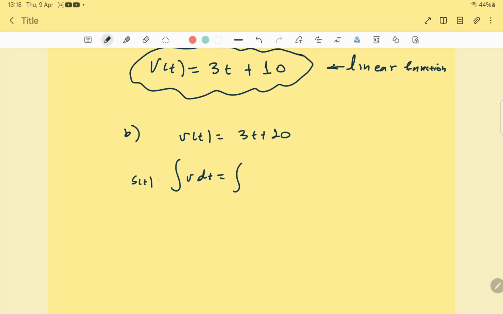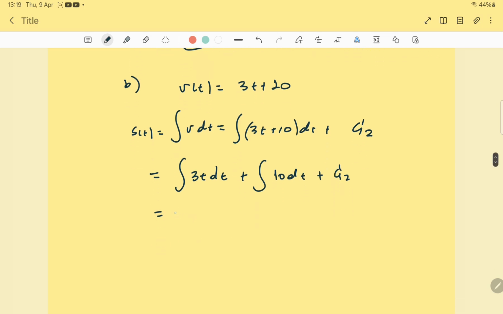So s of t is going to be the integral of 3t plus 10 dt plus a constant of integration c2. That is the integral of 3t dt plus the integral of 10 dt plus c2. It's going to be 3 times the integral of t dt plus 10 times the integral of dt plus c2.